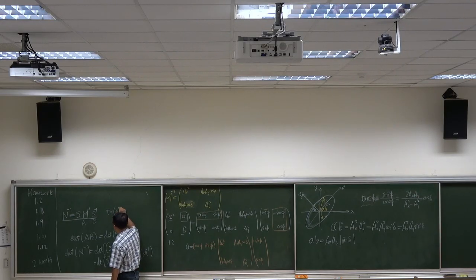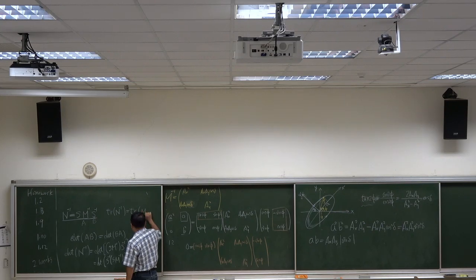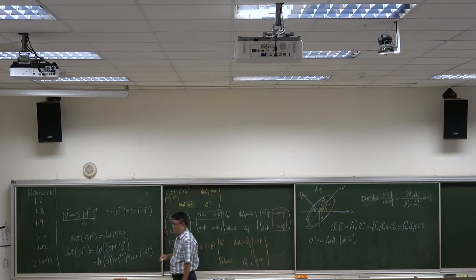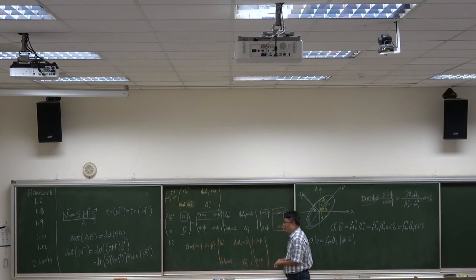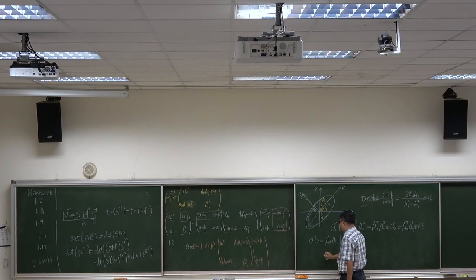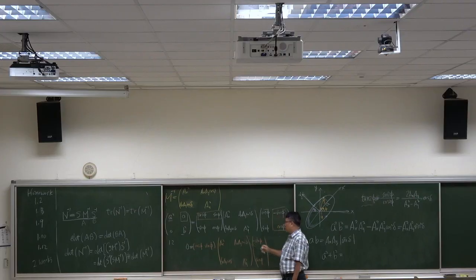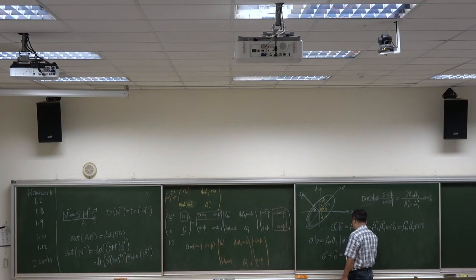take the trace of these two matrices, they will also be the same. Trace means sum over the diagonal elements. Okay, so this means that a squared plus b squared is equal to ax squared plus ay squared. Okay.